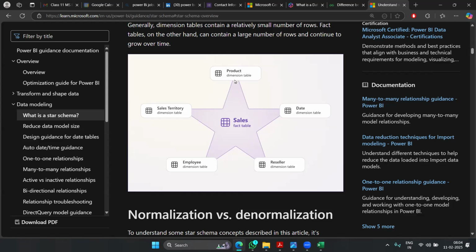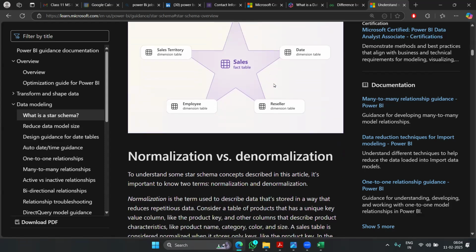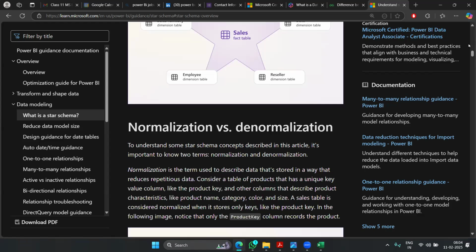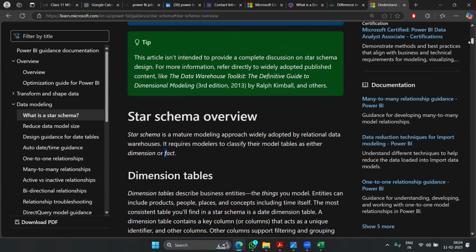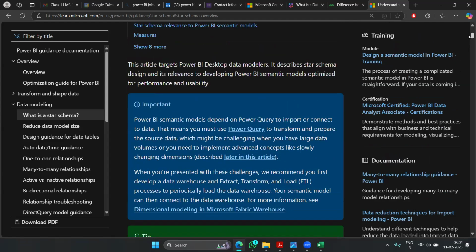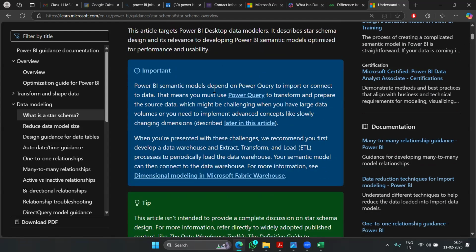Even when we come across the primary key and foreign key concepts, I'm going to give a detailed explanation, right? And this is another important topic here itself. See, Power BI similar to a model depends on Power Query to import and connect data, right?